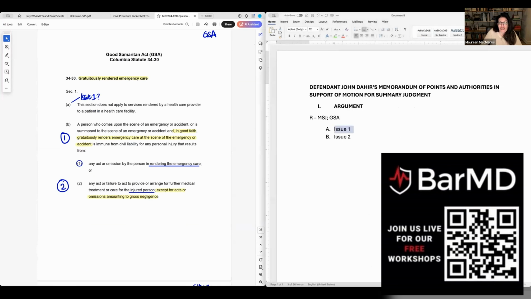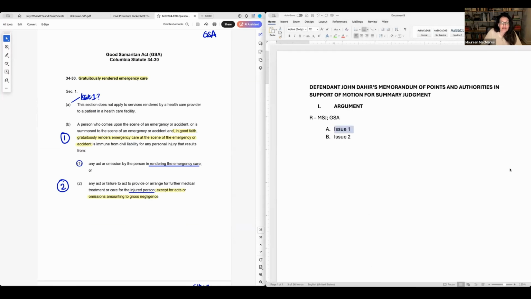So issue one, they didn't give us instructions on how to write our headings, but I generally like to write them persuasively if it's a persuasive document. And I like to incorporate a little bit more facts and law, but this should be a conclusion statement for your heading because this is a persuasive document. And I always want to tie in the standard.